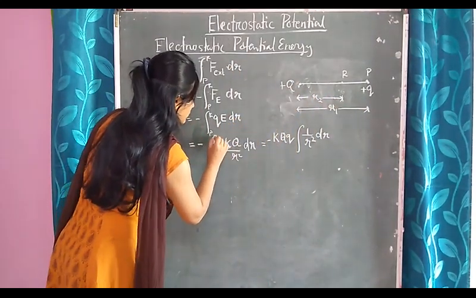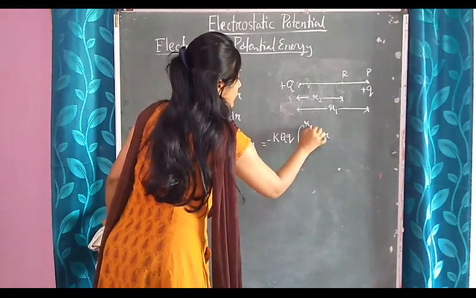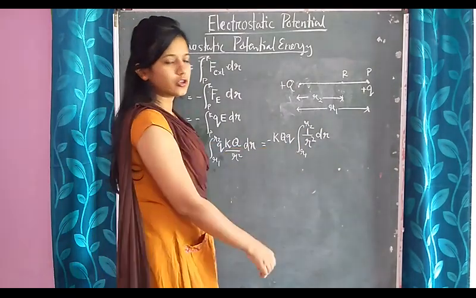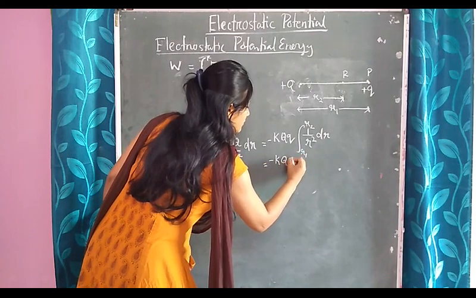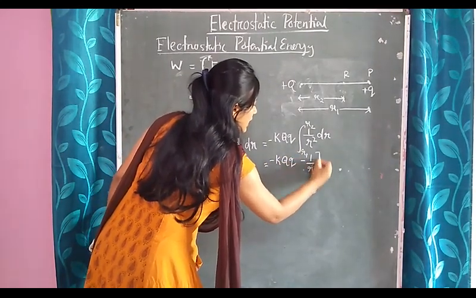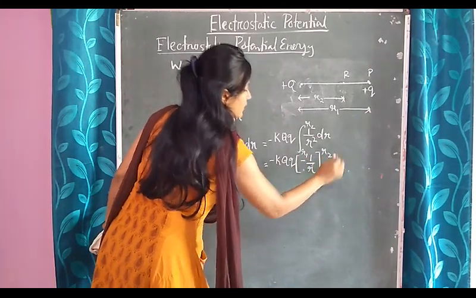So what is the integration of 1 by R square? The integration of 1 by R square will be minus of 1 by R from R1 to R2.